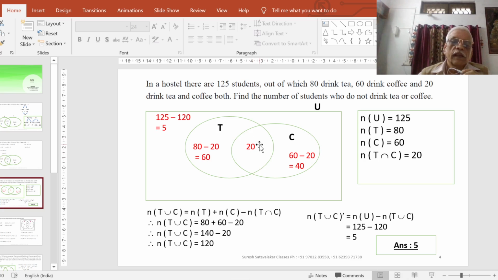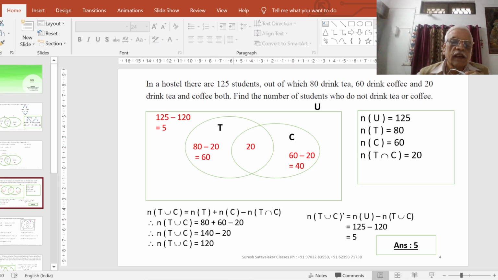If that is subtracted, 80 minus 20 is 60. 60 students take only tea, no coffee. 20 students take tea and coffee, and 40 students take coffee only, no tea. This is done with the help of the Venn diagram.